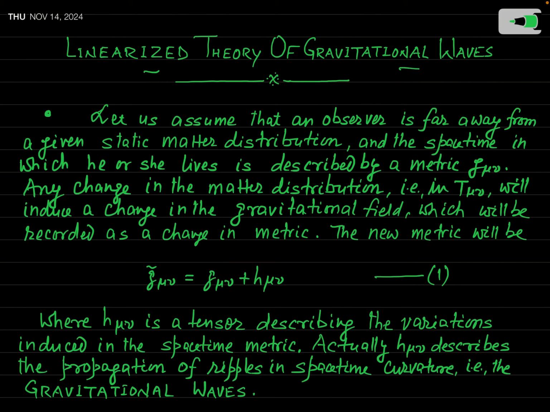In this lecture, we are going to discuss the linearized theory of gravitational waves. For this, let us assume that there is an observer who is far away from a given static mass distribution, and the space-time in which the observer lives is described by a metric, g mu nu. You know it.